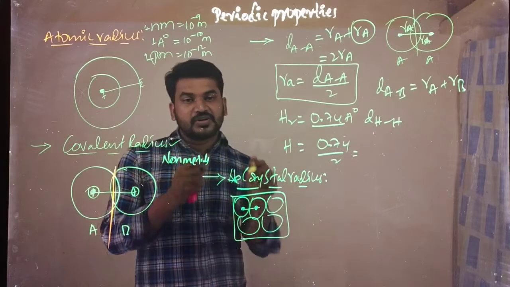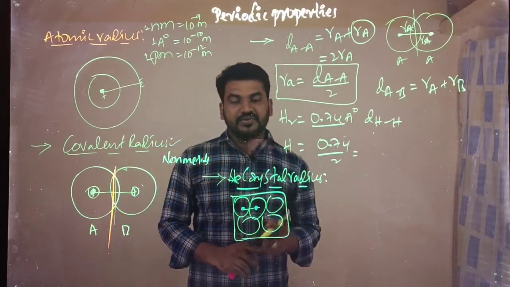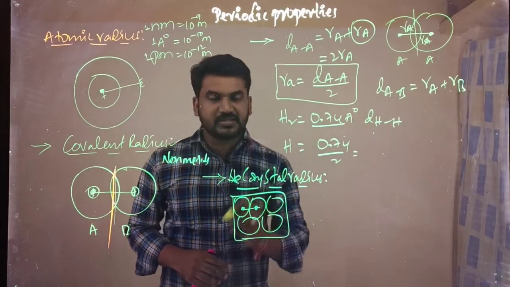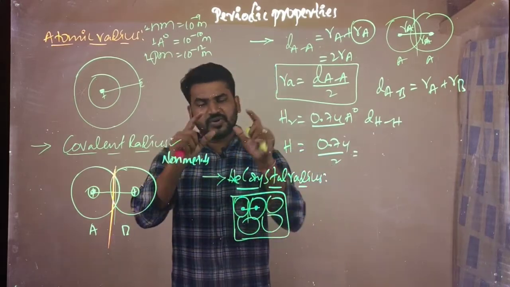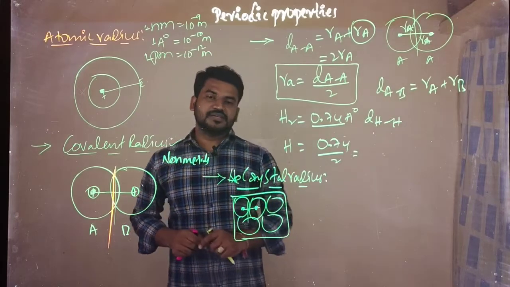The distance between the two atoms present in a metal crystal, we can say it as the crystal radius. Again, we take half of the distance, because whenever two atoms are there, we need to make it half. Right? So that is crystal radius.